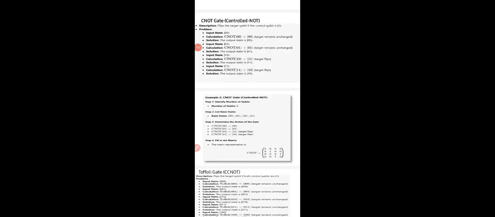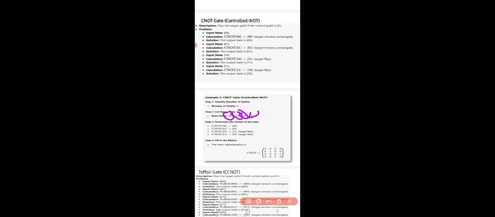So here the number of qubits is 2. You can see here 2 qubits. Hence how to determine: 0, 0 is 0, unchanged; 0, 1 is 0, 1, unchanged, as mentioned before. 1, 0 is changed; 1, 1, the target is changed, flipping the output.